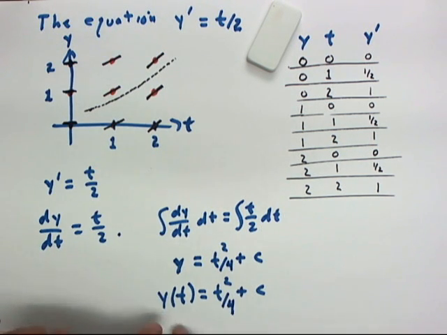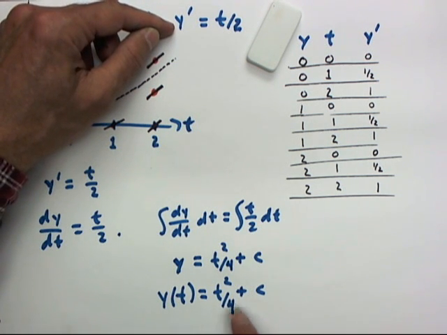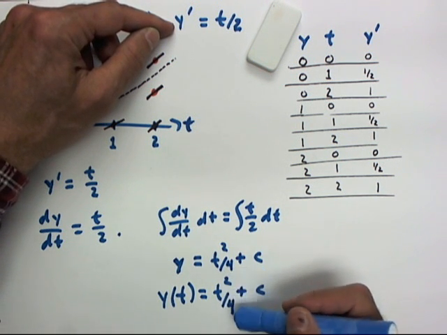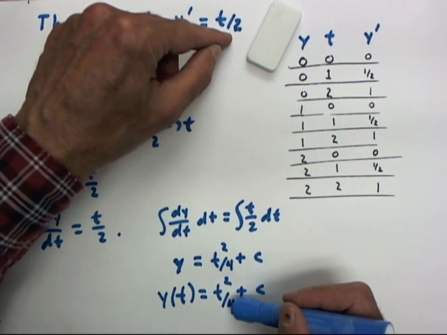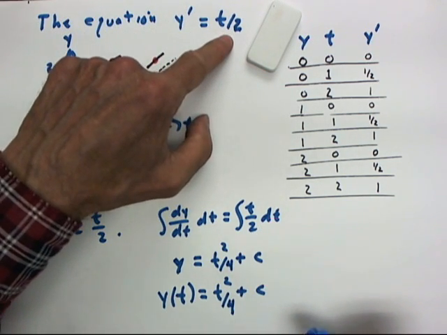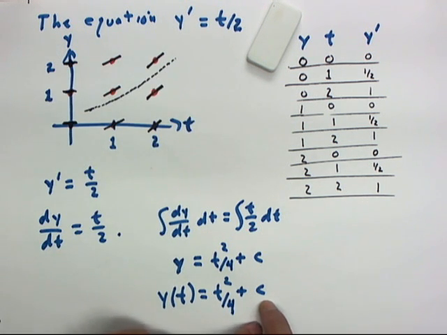Now that I've made the correction, y of t equals t squared over 4 plus c, we see that if we put this into the equation, the derivative of t squared is 2t, so the derivative of t squared over 4 is going to be 2t over 4, which is t over 2, which is identical to the right-hand side of this equation. The derivative of the constant is, of course, 0.